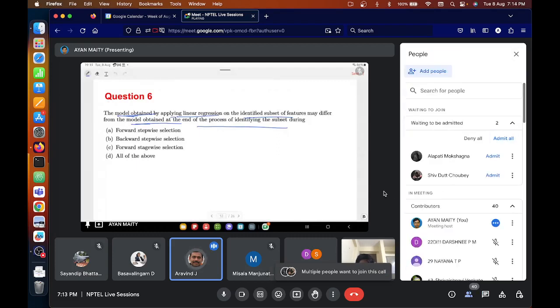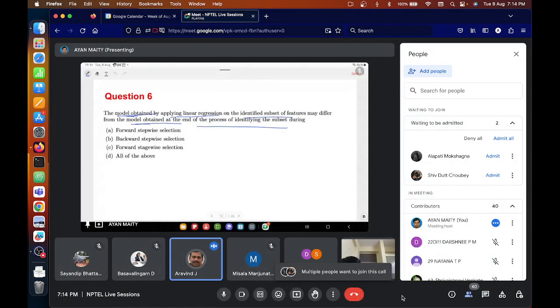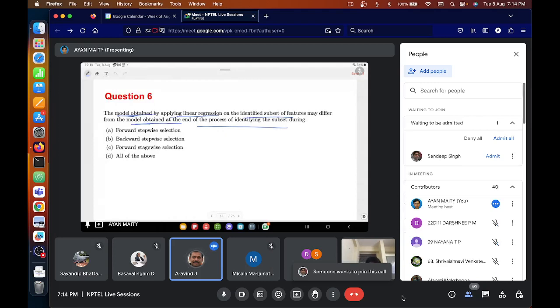Yes. Here you mentioned that in each step we don't create a model, but in forward stage-wise we build a model every time, so that's why you mentioned that the models are different. Can you explain that one more time?